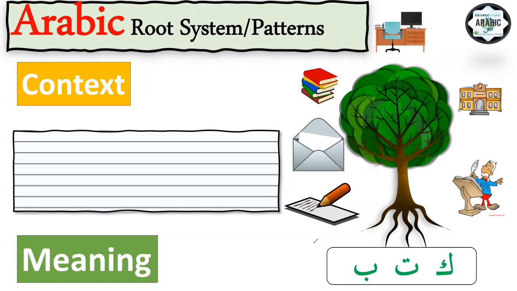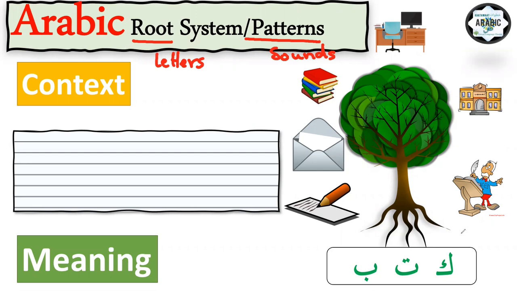To give you a brief introduction about the root system and the pattern system: when we're talking about the root system, we are referring to the letters. And when we're talking about the pattern system, we're referring to sound or sounds.